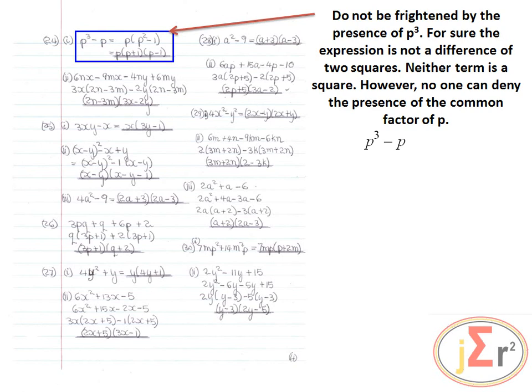Some individuals watching these videos may come to the conclusion that I'm a bit overbearing, mentioning all the time that such and such expression is not a difference of two squares. However, most expressions that have two terms are mistakenly identified as a difference of two squares.